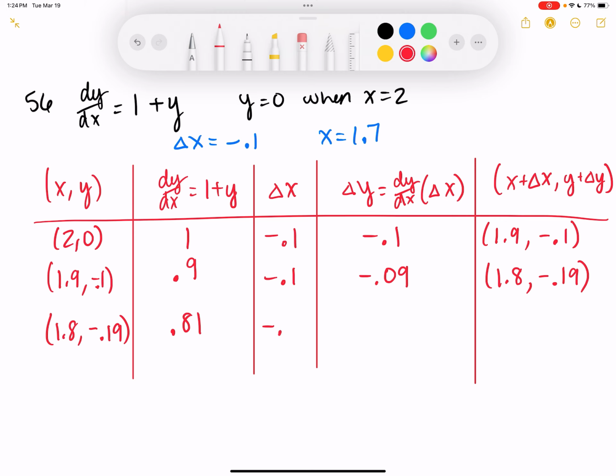Then dy dx times delta x: 0.81 times negative 0.1 is, you may not know this, negative 0.081, just for the sake of time. So then our answer over here is 1.7, and this number where we have y plus delta y is going to be negative 0.271. So the answer is f of 1.7 is equal to negative 0.271.